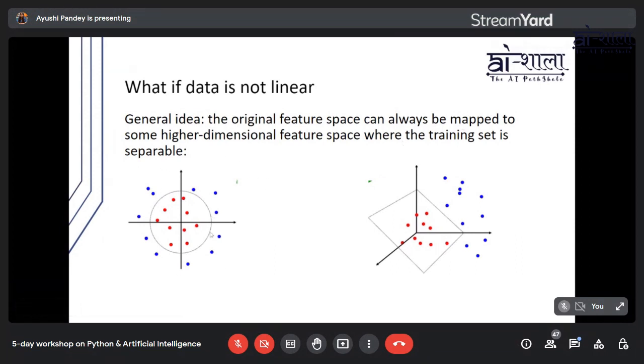So we are changing the dimension. Here it's in the form of a circle, here it's in the form of a hyperplane, a 3D image. So we always try to go to a higher dimension to include the feature space.